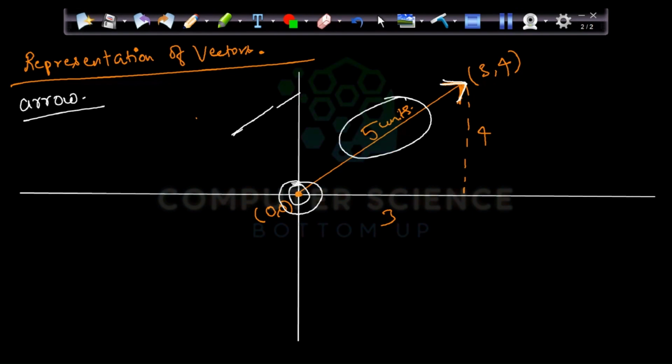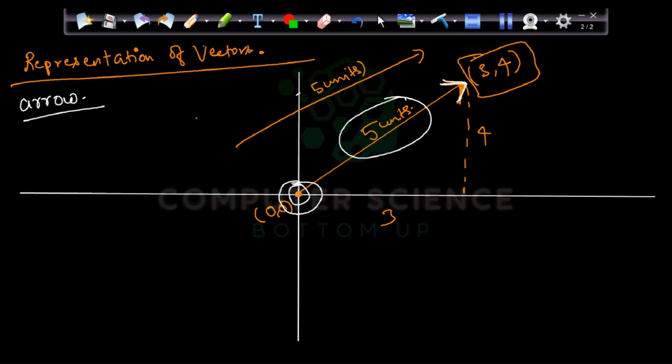I am not talking about linear algebra yet, so do not confuse. I'm just talking about vectors in general. We have studied in physics that these two vectors, if this is also 5 units, are nothing but the same thing. So I'm just placing the initial tip of the vector on the origin so I can get the proper coordinates for it, and that's how you actually get the proper coordinates.